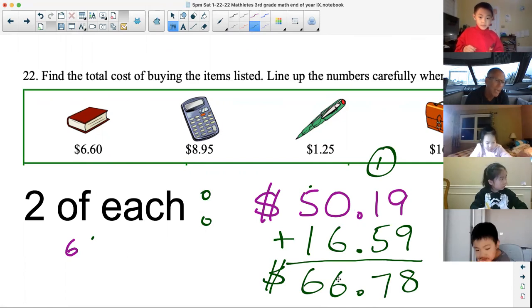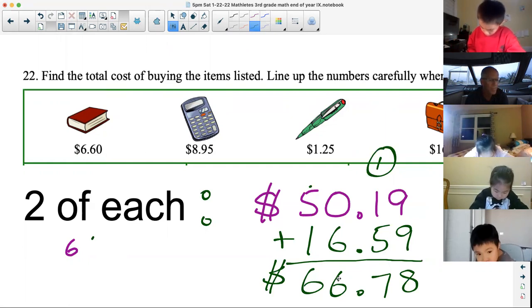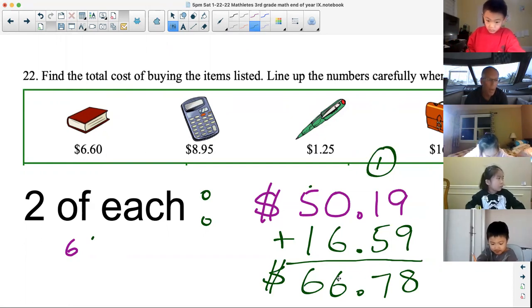Now, does anybody else have the same number? I'm looking for Stella, Eleanor, and Jason F to tell me where they are right now.